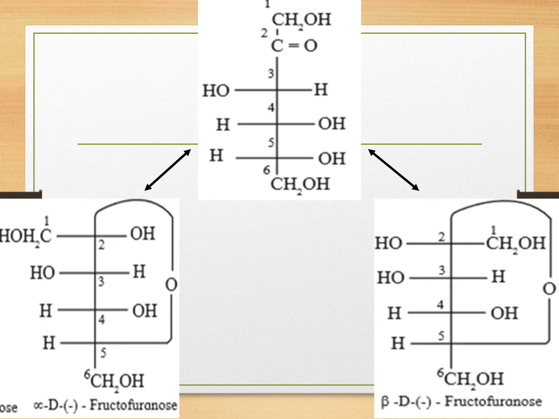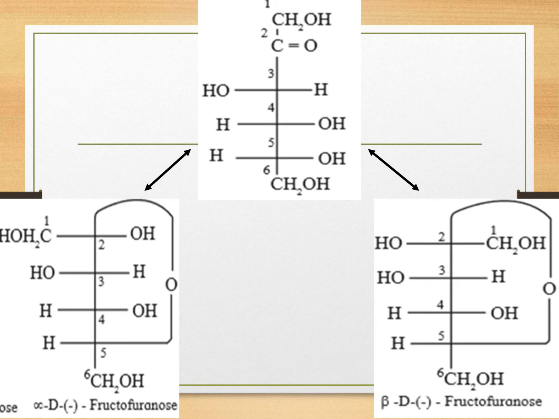Let us consider the first ring structure, that is alpha-D-fructofuranose. Over here, we write the first carbon, the CH2OH group, on the left hand side. Then at the second carbon you can see that an OH group is formed, on the right hand side, and a ring between the second carbon and the fifth carbon is formed.